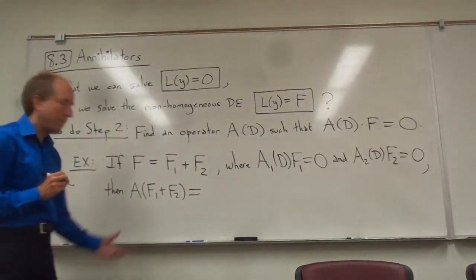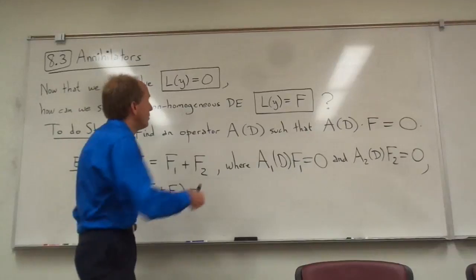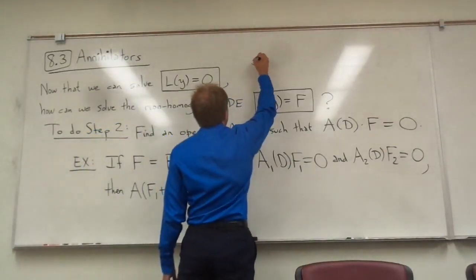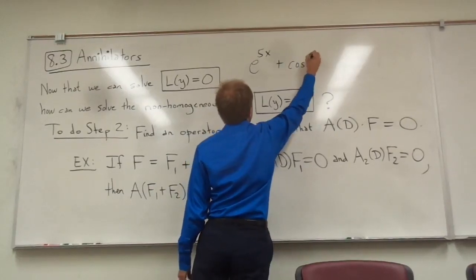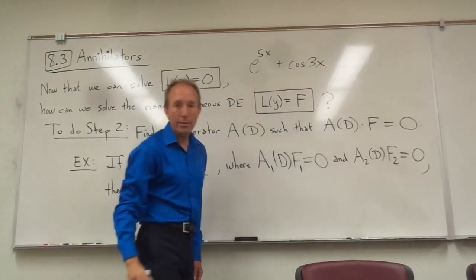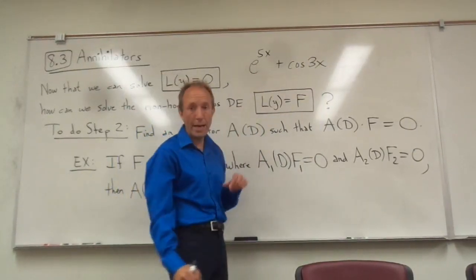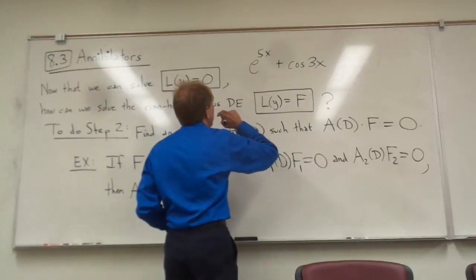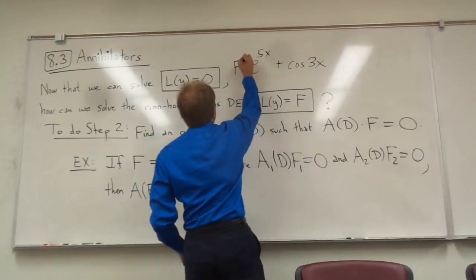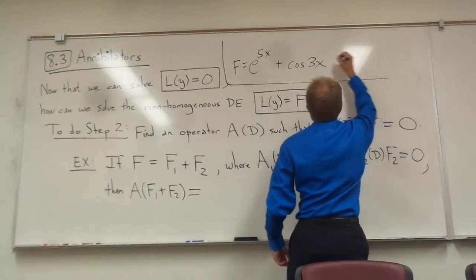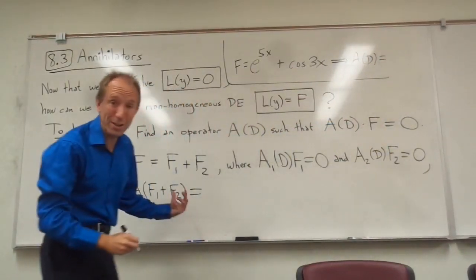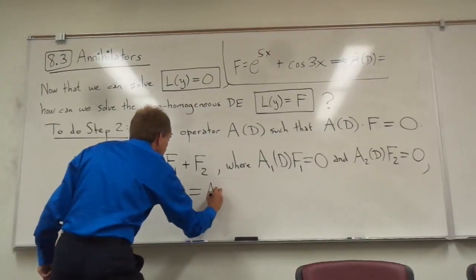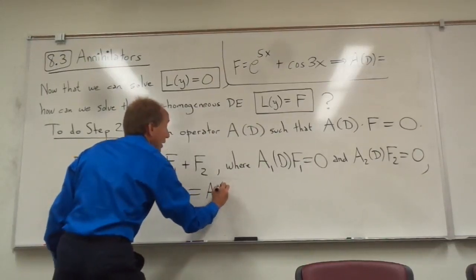Let's say I have, as an example, e to the 5x plus cosine of 3x, and I want to annihilate that. So, if this is capital F, then what's the annihilator? Well, what you need to do here is multiply the annihilators.